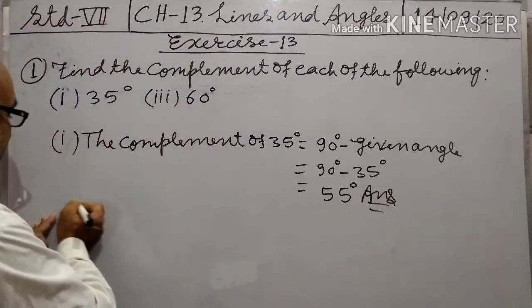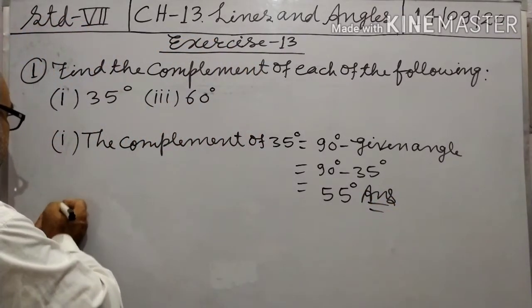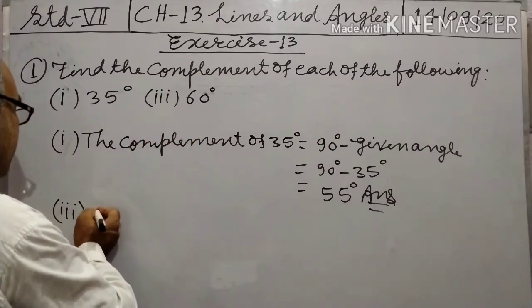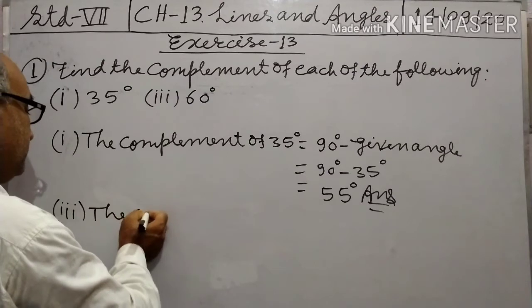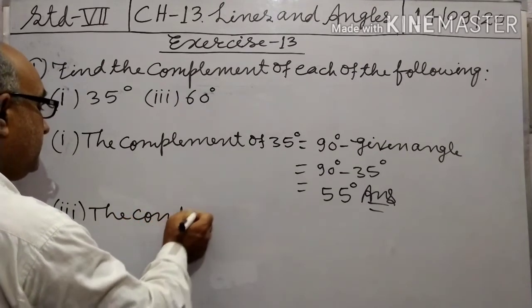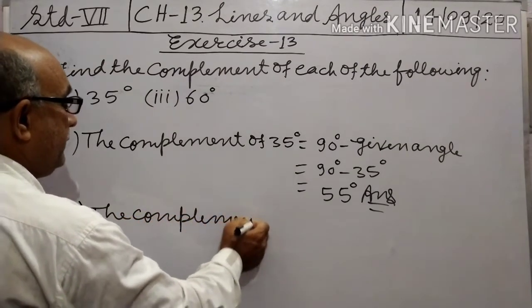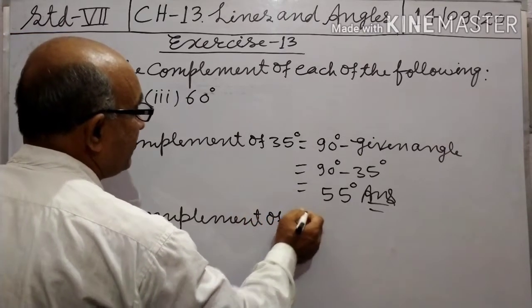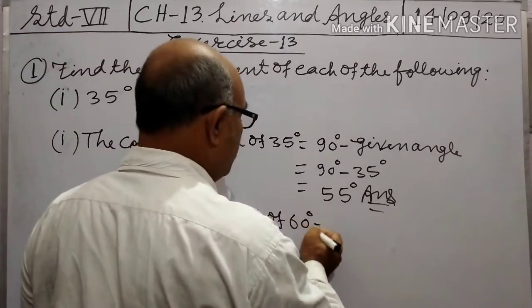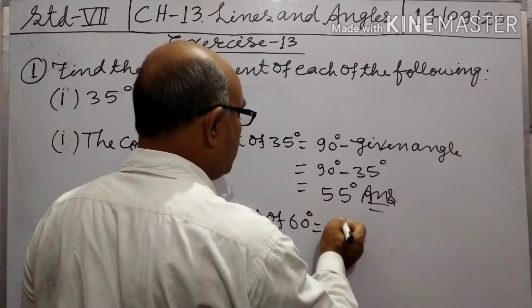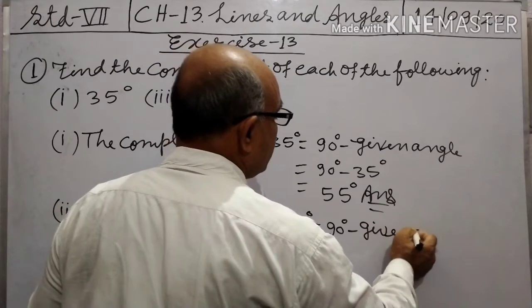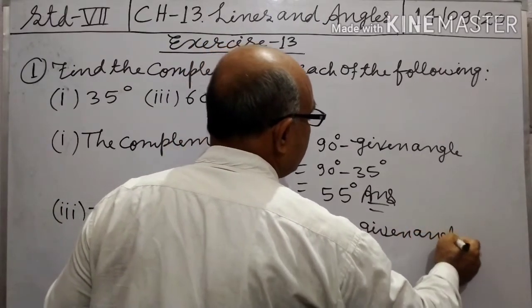Next question number 3. The complement of 60 degree. The complement of angle 60 degree equal to 90 degree minus given angle.